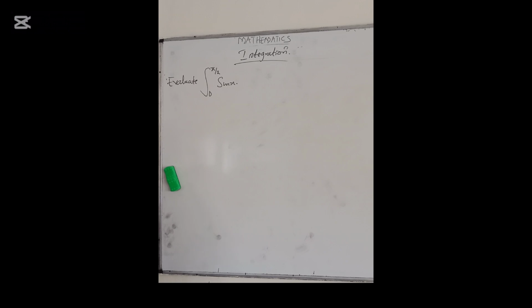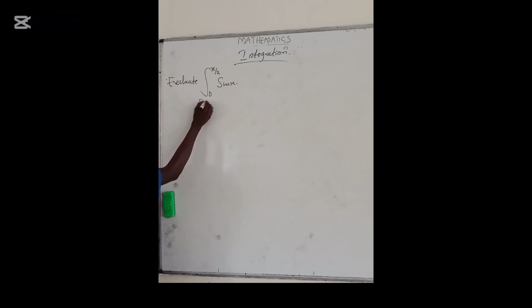Look at this question. Evaluate the integral of sine s from 0 to pi over 2. How are you going to solve this? It's very simple. We are dealing with definite integrals, which we have already talked about in my previous video. So this is so simple.